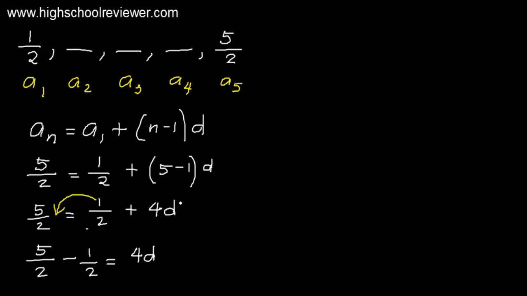So 5/2 minus 1/2 is equal to 4/2, or 4/2 will be equal to 2. So this is equal to 4d. Again, 4 divided by 2 is 2, equals 4d.